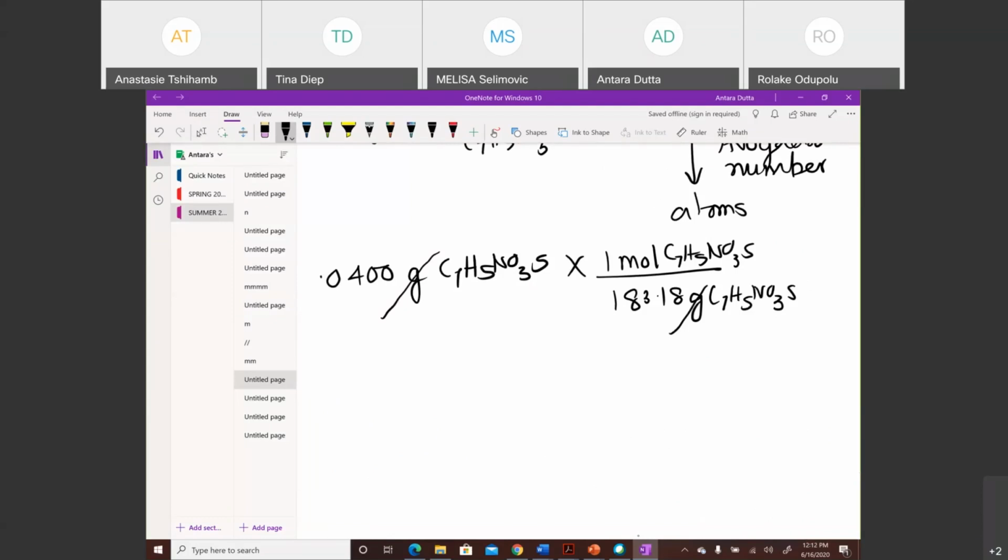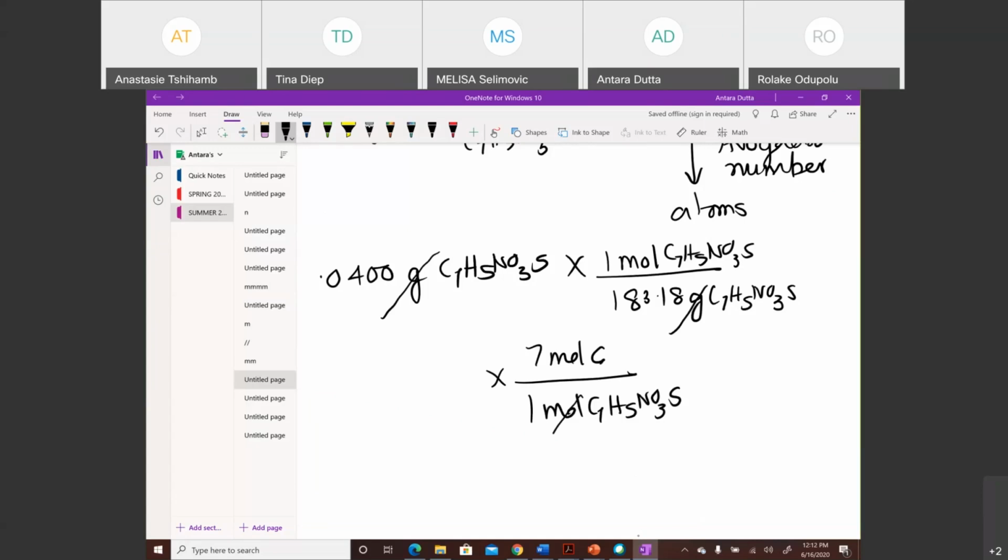Okay, you should get the moles, and then you write 7 moles of C are present in 1 mole of C7H5NO3S. Make sense? Because I want to go to the moles of carbon from moles of C7H5NO3S, which is my compound.